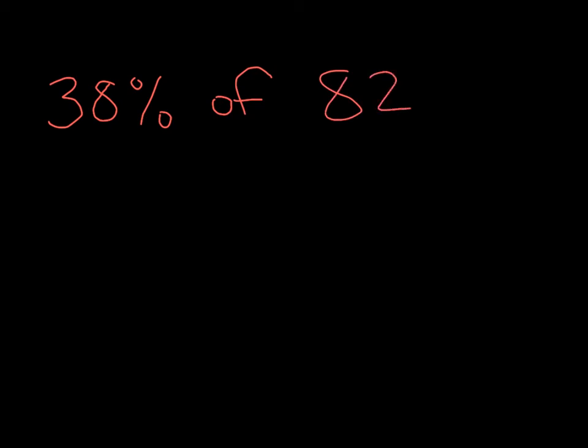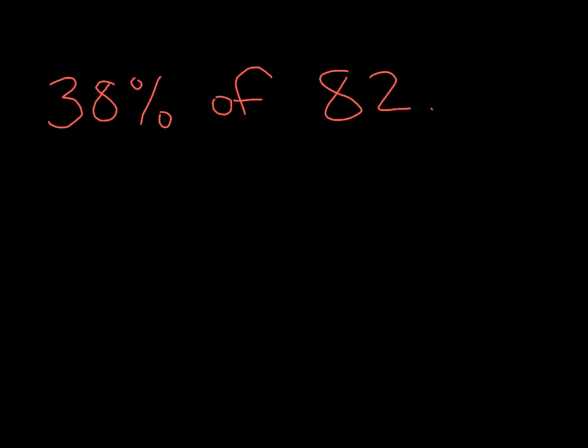So pay attention. This time we're going to find 38% of 82. I need to think way back to when we were writing expressions based on these sentences. So I'm going to use some math symbols.